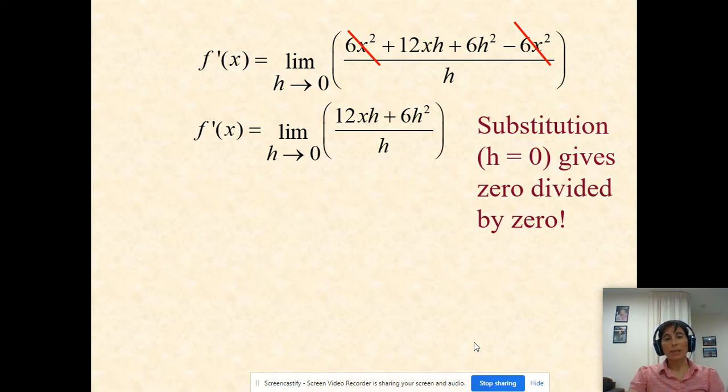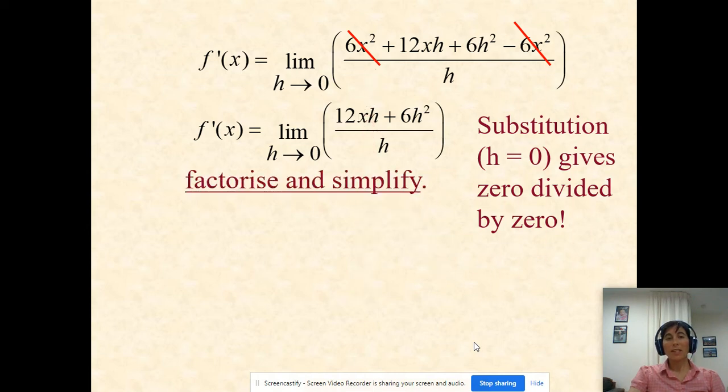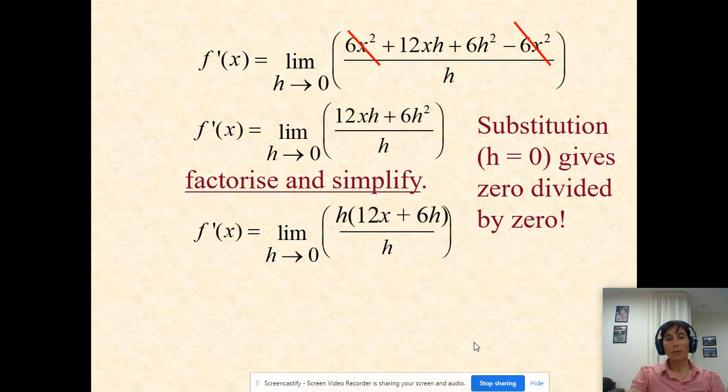If we didn't and we substituted in h equals 0, then we get 0 divided by 0. So we know that that isn't the right time to put in that limit. Instead, we'll look to simplify. There's a common factor of h on the top line. If we pull that out, we can cancel it from the top and bottom line.